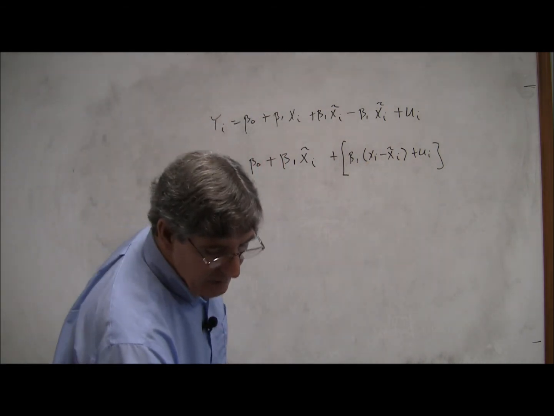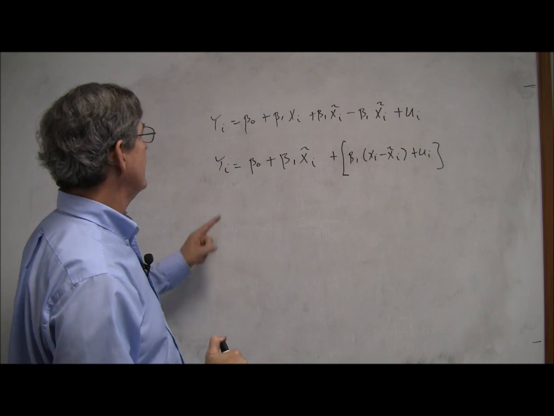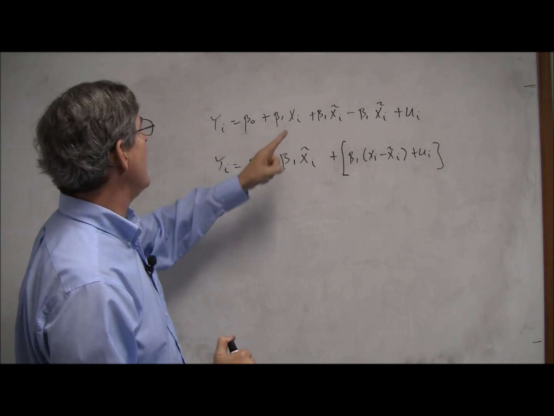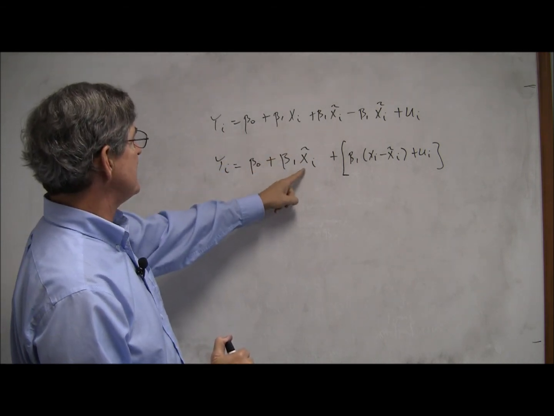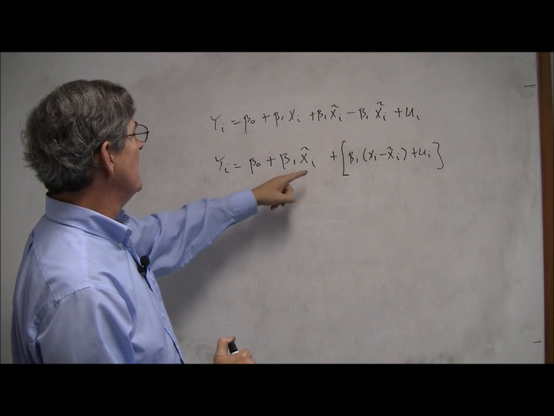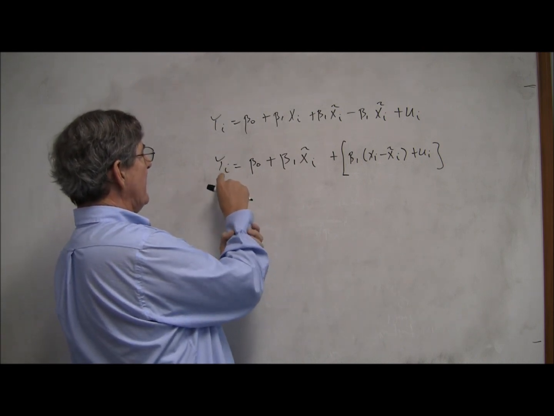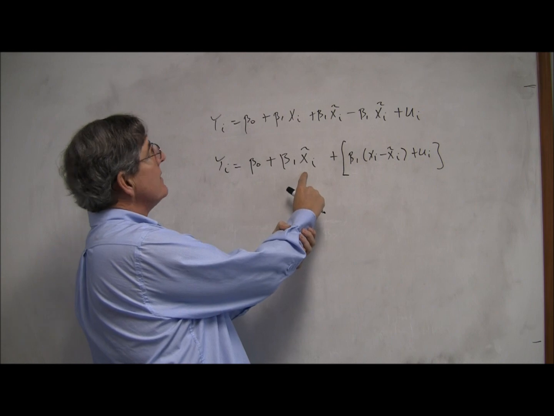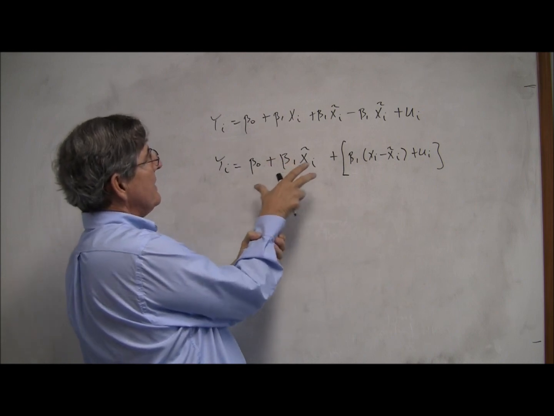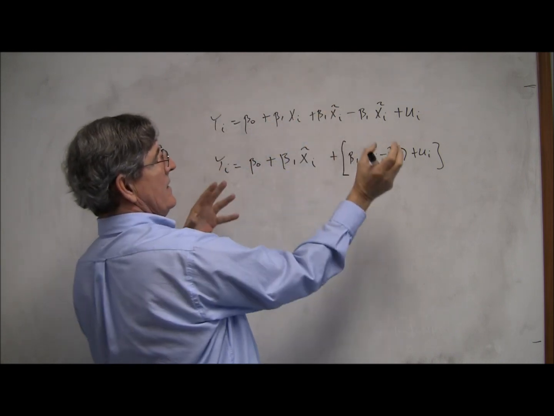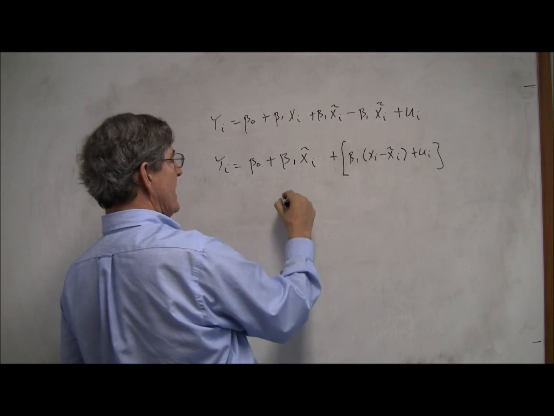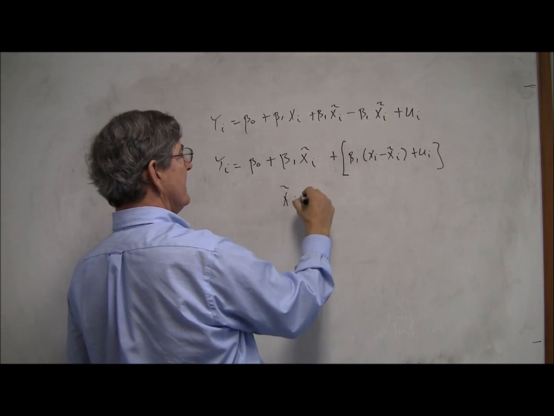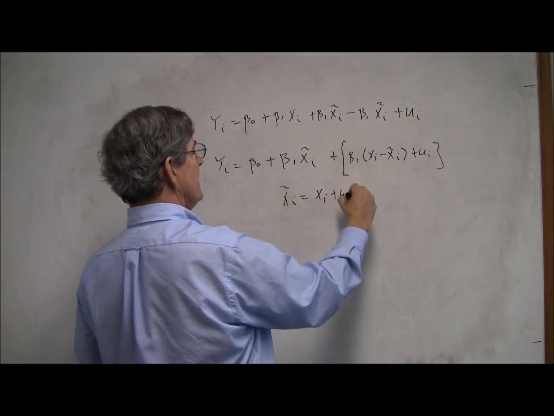See, the regression I'm actually going to run is not y on x, because I don't have data on x, but I do have data on x tilde. That's the variable measured with error. So I'm going to regress yi on x tilde. If I do that, and the truth is the model we started with, this will be our error. Now we know that x tilde i is xi plus wi.